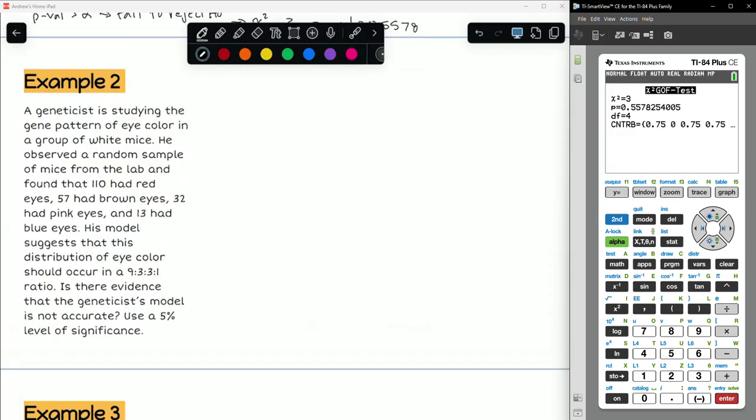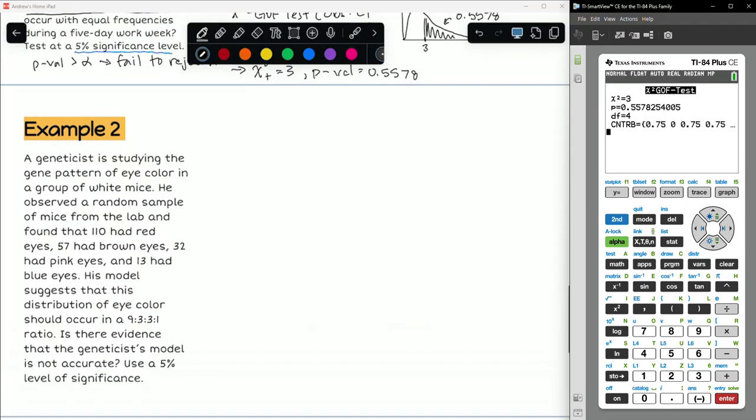So I'm looking at the eye color of mice, specifically of white mice, and I want to look at their distribution. So I'm going to have observed and expected, and I'm going to list the eye colors in the order they were mentioned. So red was first, followed by brown, pink, and then blue.